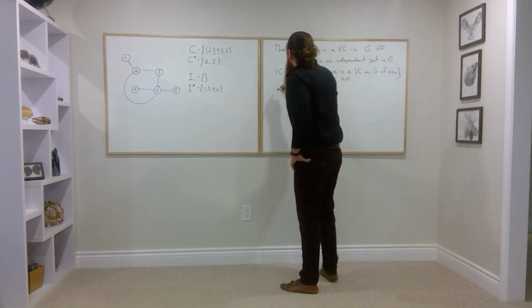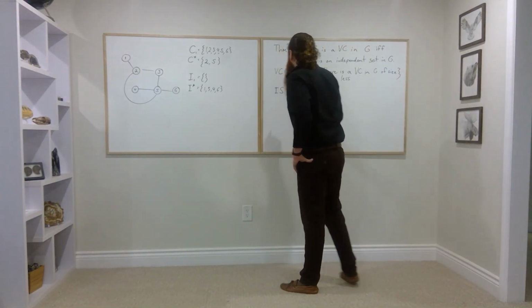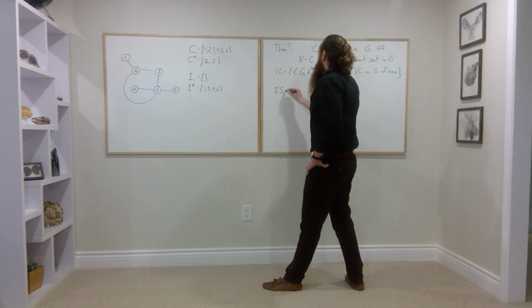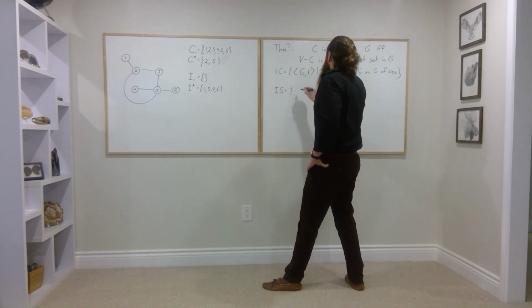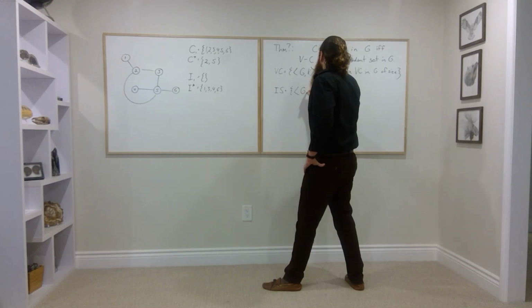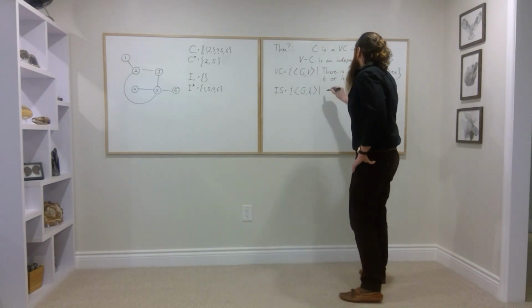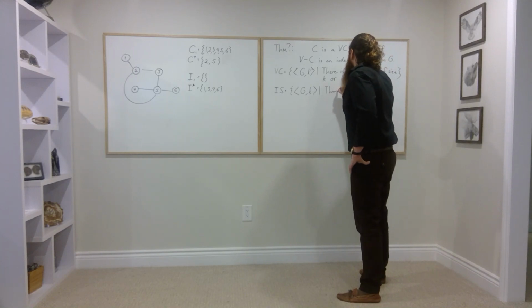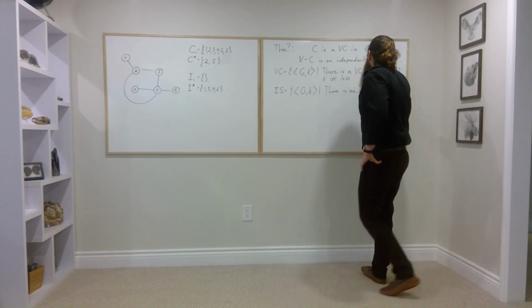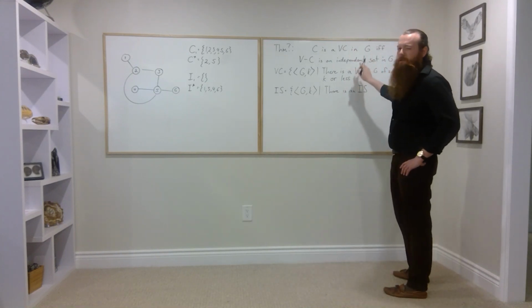I'm going to define another language. I'm going to call this independent set, IS for independent set. And it's going to take in a G and a K. And I'm going to say this is the language where there is an independent set in G of size K or more. So again, I'm kind of overloading this IS and VC.